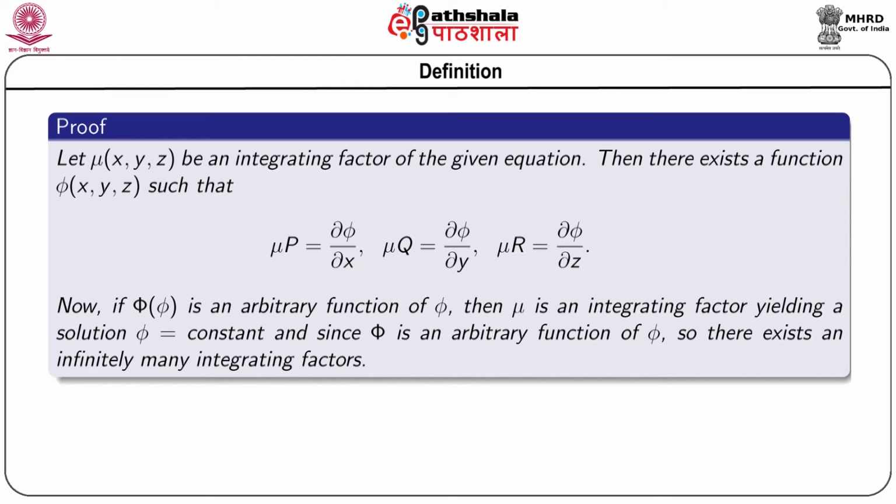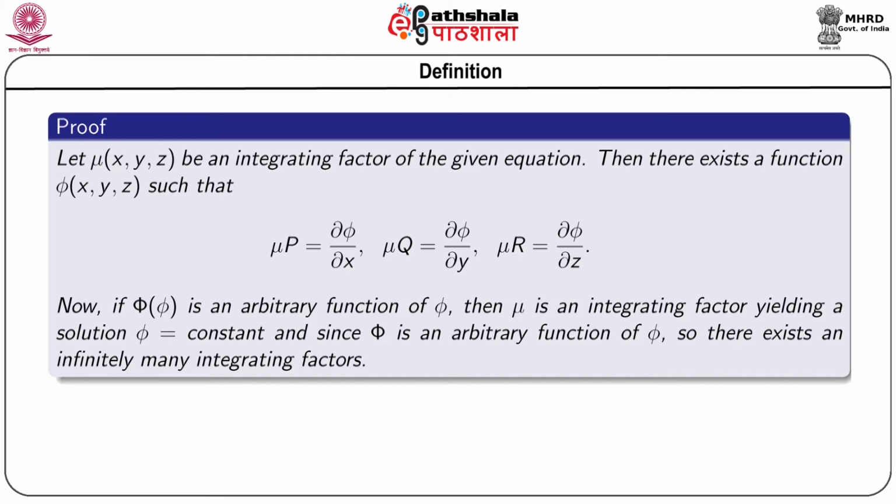If we compare this equation with the given equation, we get a relation between P, Q, R and the function phi: mu P = ∂phi/∂x, mu Q = ∂phi/∂y, and mu R = ∂phi/∂z.